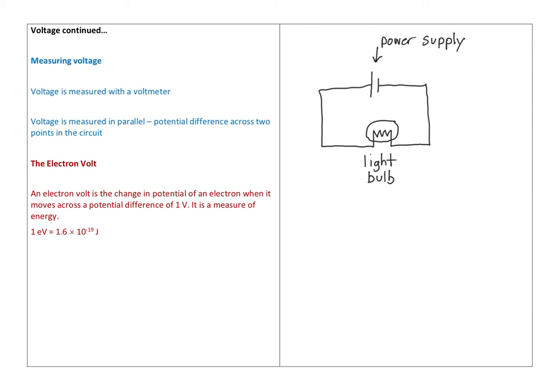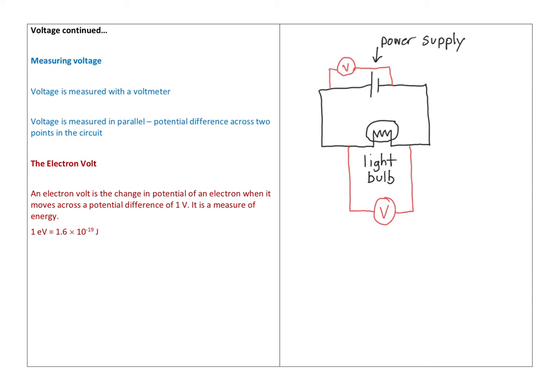So if we were going to measure voltage on this diagram, we would put a voltmeter across the light bulb and measure the voltage drop. Or alternatively, we could measure the voltage being provided across this power supply.